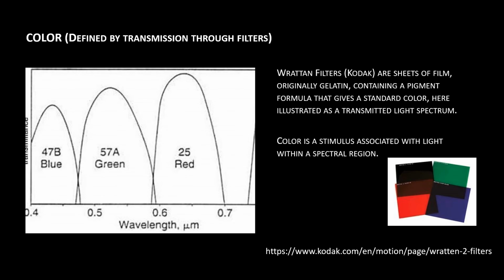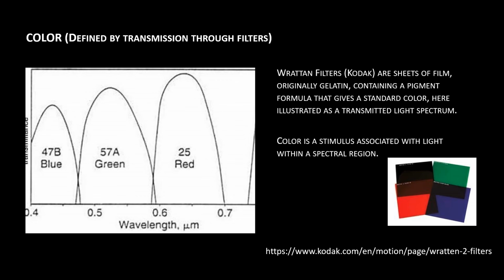In general, you can buy Wratten filters. This is a type of filter available from Kodak, which are created using pigments synthesized by Kodak and matching idealized colors so that they can be used as standards.